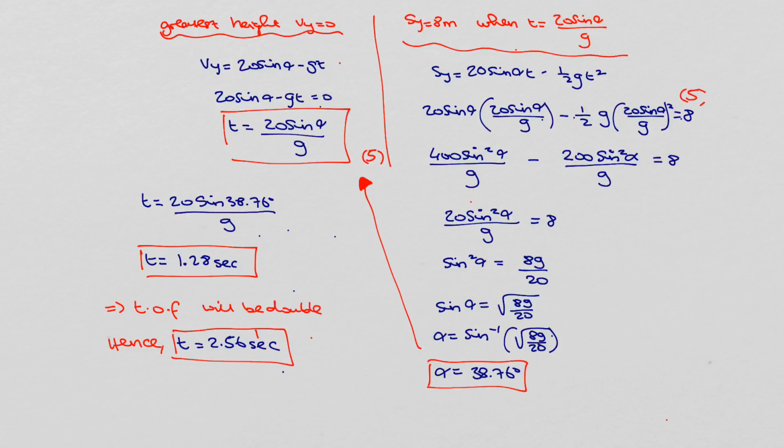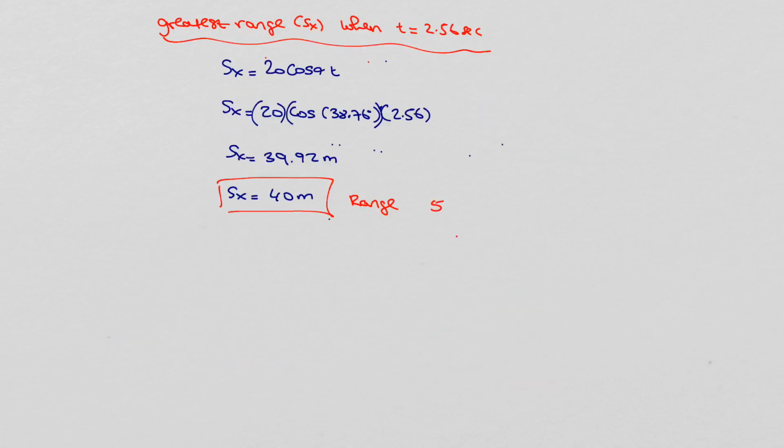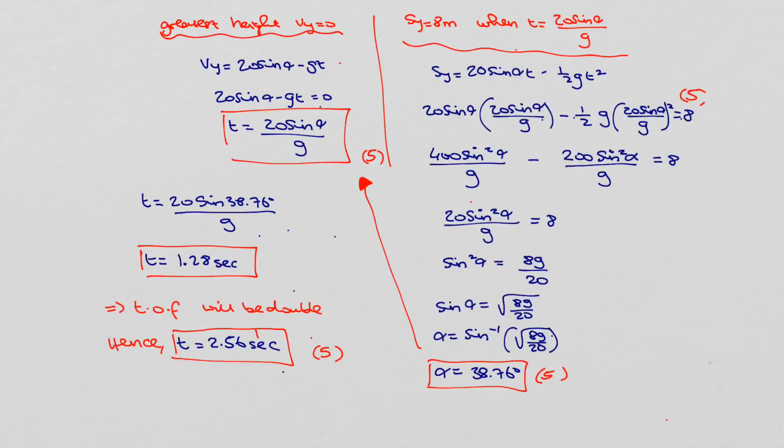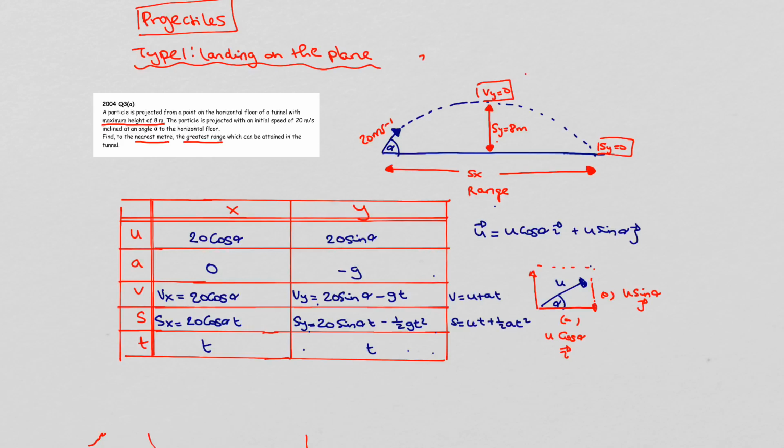So letting the equation equal 8, working out alpha, working out our time of flight, so that's 15. Doubling the distance or working out the time of flight in full was 5 marks, and then for getting your 40, your range was 5. So you had 5, 10, 15, 20, a 25 mark question. So I just put that in at the start there.